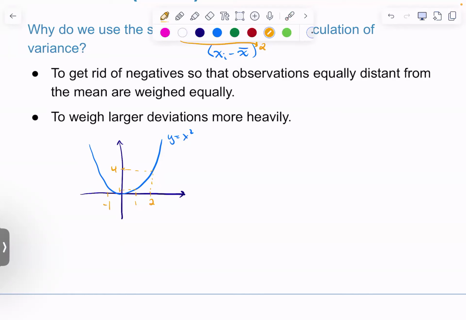If I have -1 versus -2, they'll map back to 1 and 4 as well. So moving a distance of 1 from 1 to 2 actually moved us from a squared deviation of 1 to 4, and it just gets bigger and bigger.